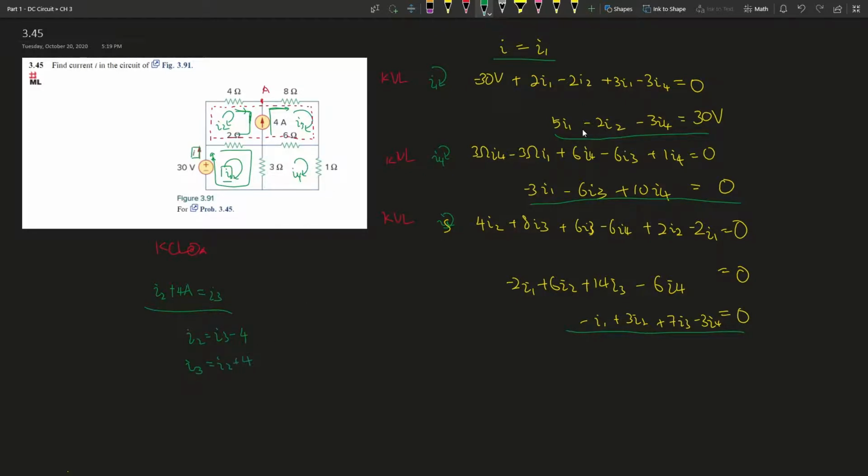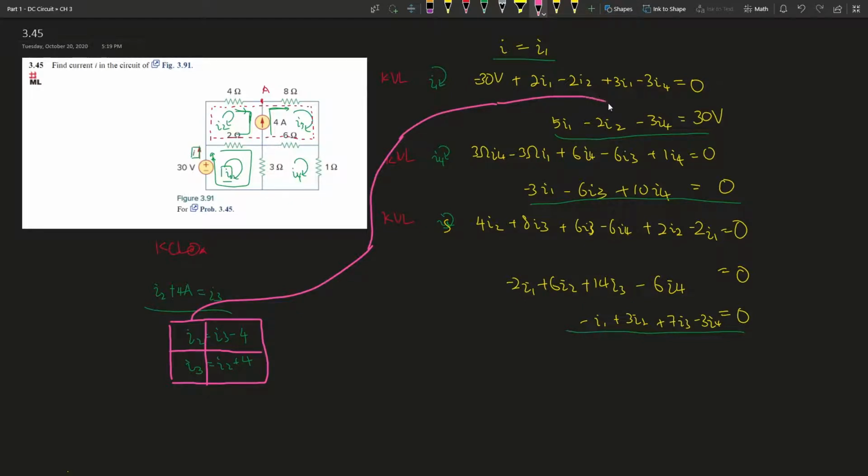We're going to apply these two equations: I2 goes into the top equation, and I3 is applied onto this equation over here.